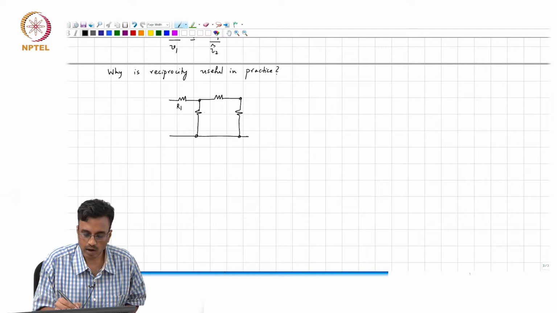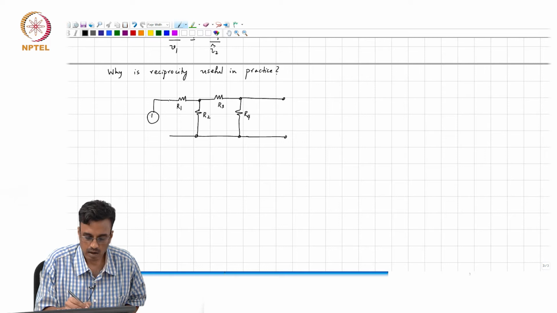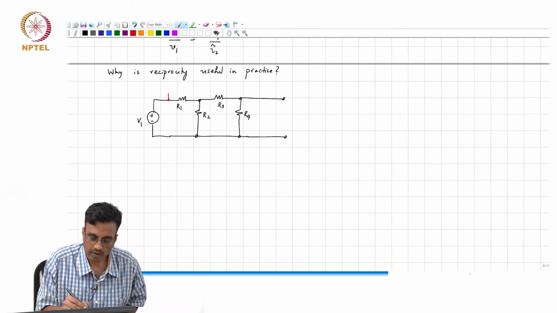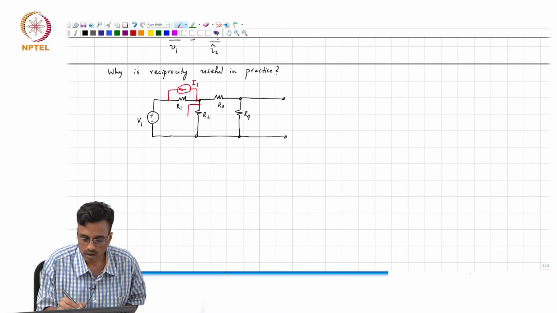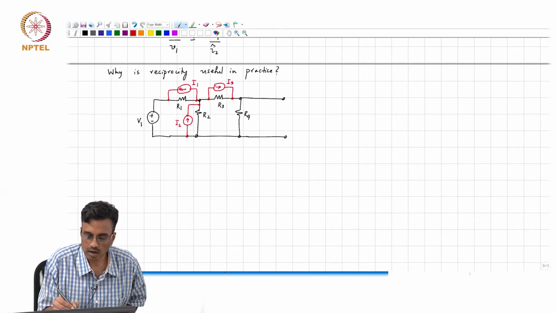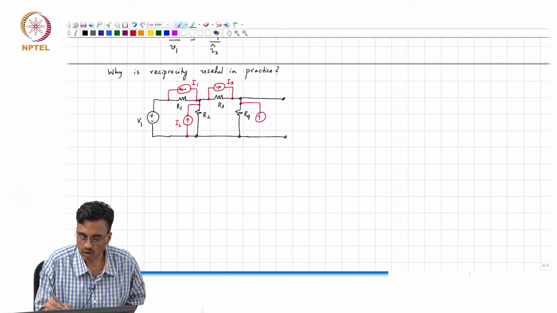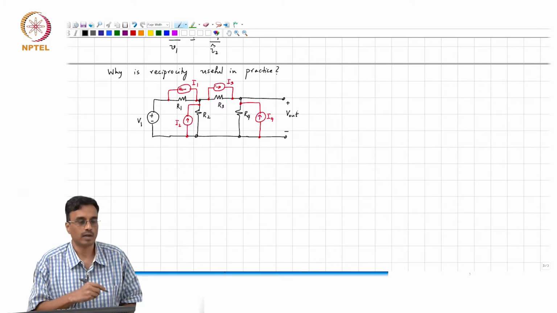So, let me take some arbitrary network, R1, R2, R3, R4, and let's say there was V1 here, a current source here called I1, another current source here called I2, a third current source here called I3, a fourth current source called I4, and have V out. All right.